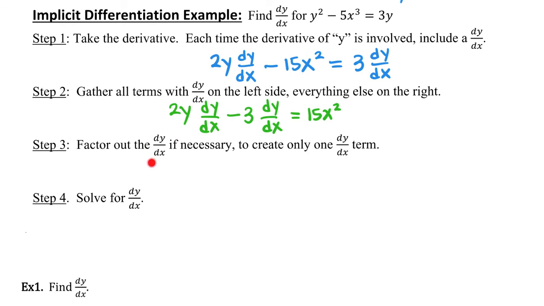Okay, now step 3, factor out the dy dx if necessary to create only one dy dx term. These both have a dy dx. It's a common factor because I'm isolating it. So I'm going to factor out the dy dx, and I'm left with 2y minus 3.